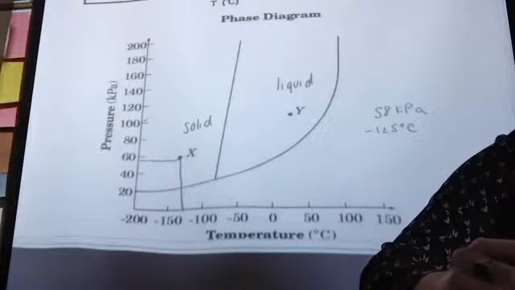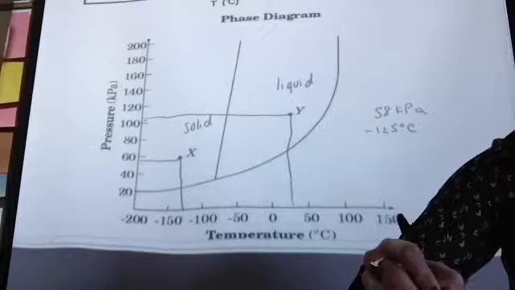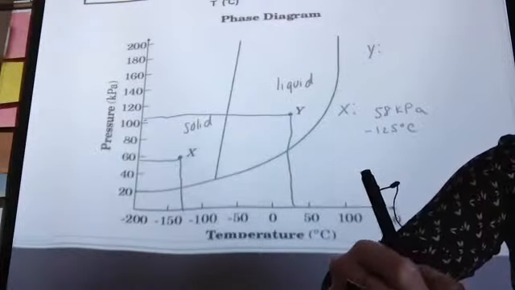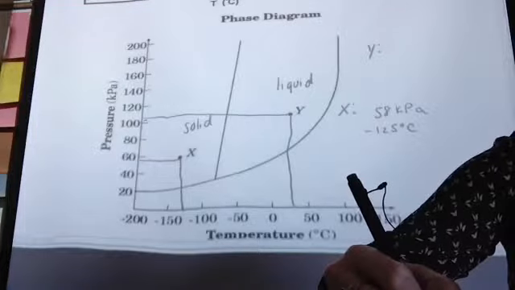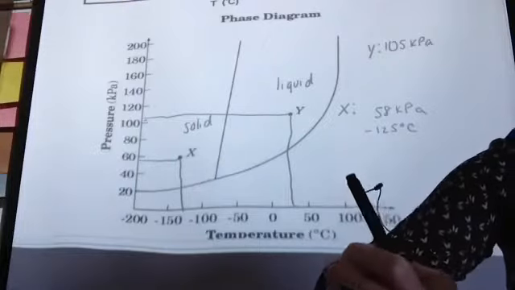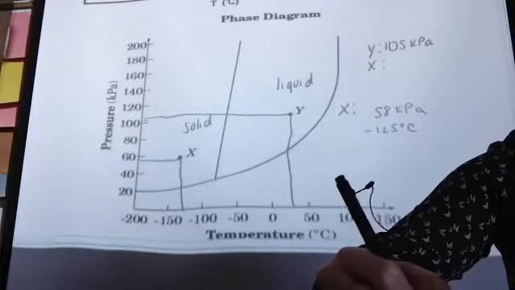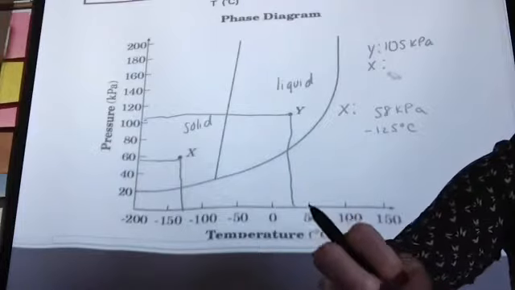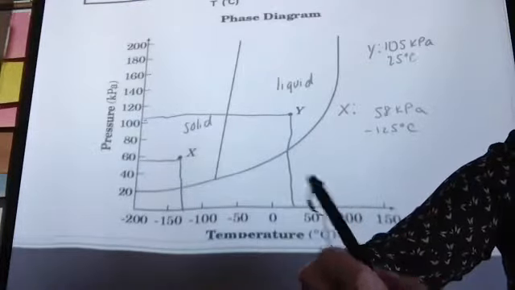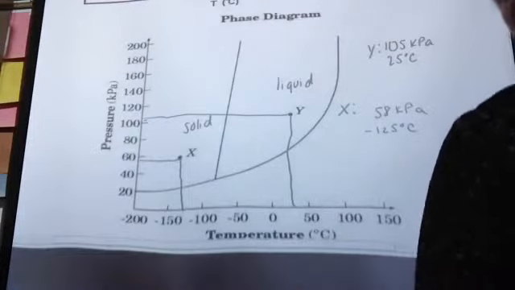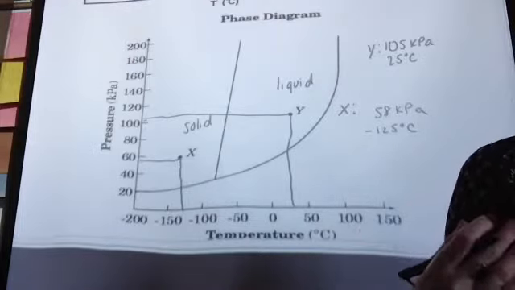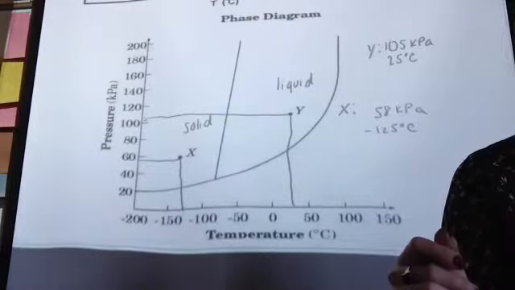Y is roughly 105 kilopascals, and the temperature would be about 25 degrees Celsius. Again, because the graph is not denoted more specifically, it's just a rough estimate. But you will be able to get the correct answer on the test.